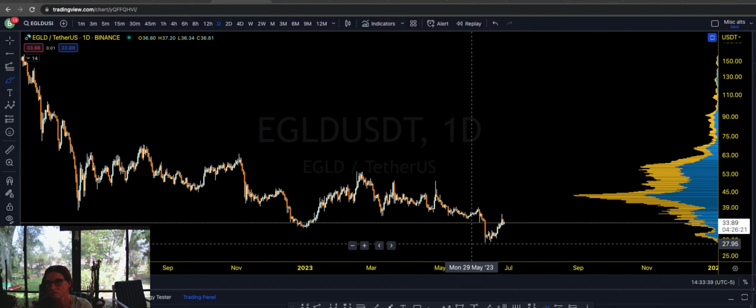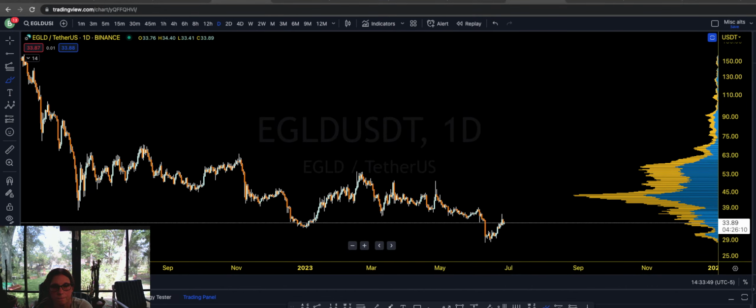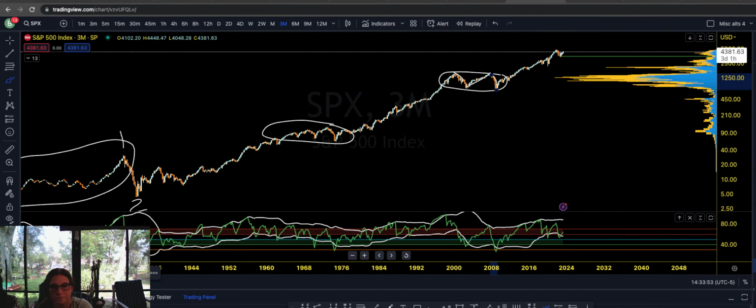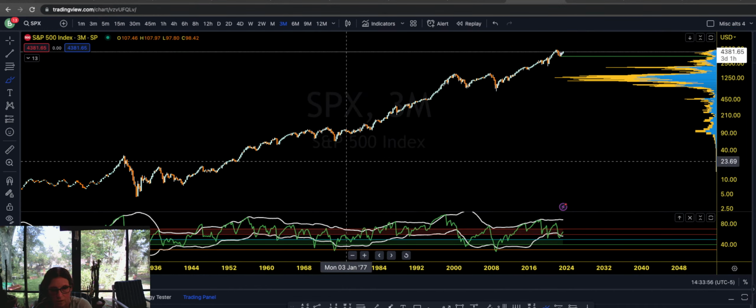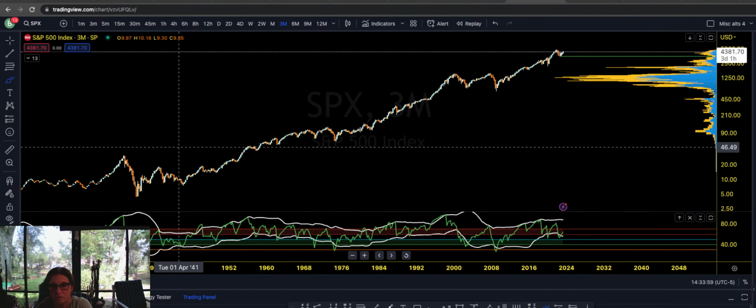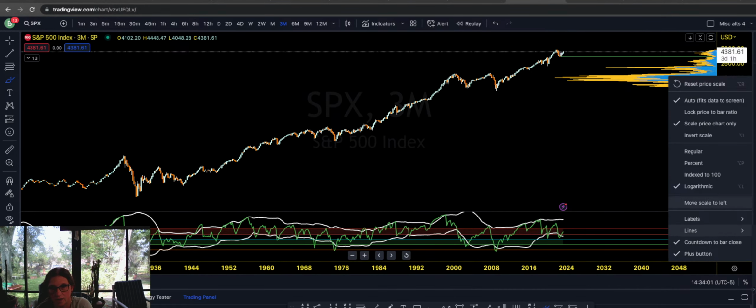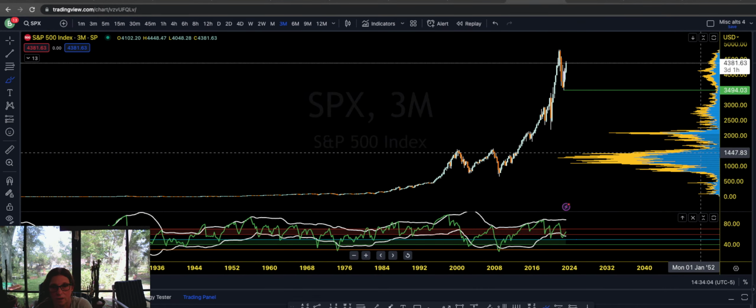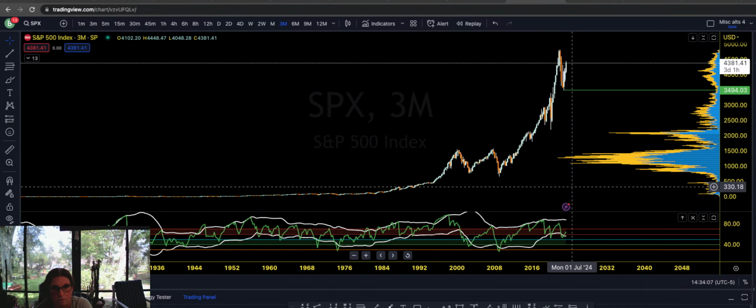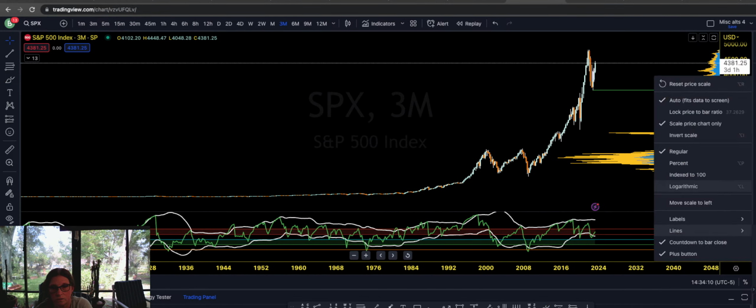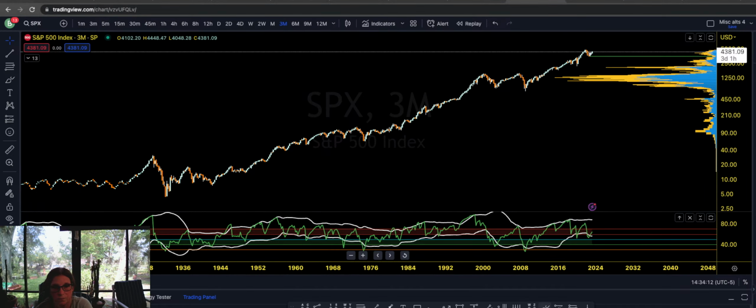All right. So we'll look at SPX and talk about it here for a second. So SPX is pretty simple. I think it's pretty simple in the fact that you can see on RSI we have this high peak here.